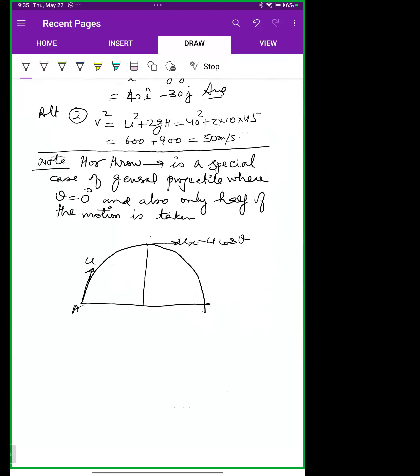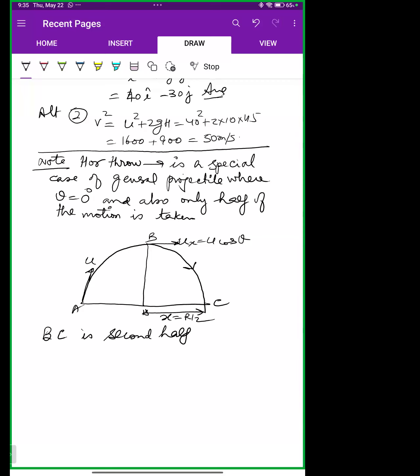This is A, this is B, and this is C. BC is the second half. X is equal to R by 2. Same things. First half is not considered.